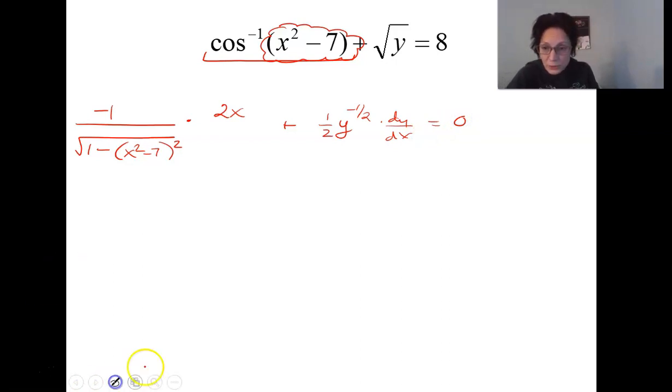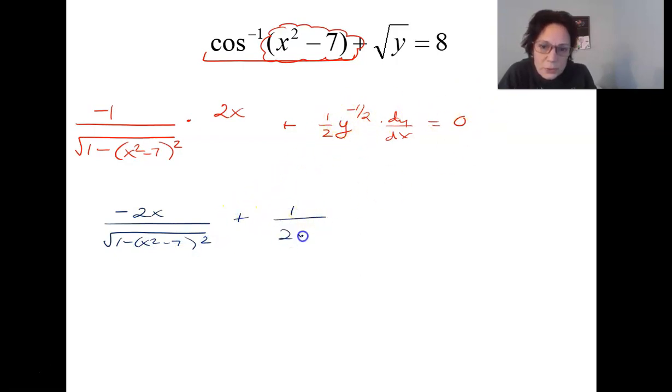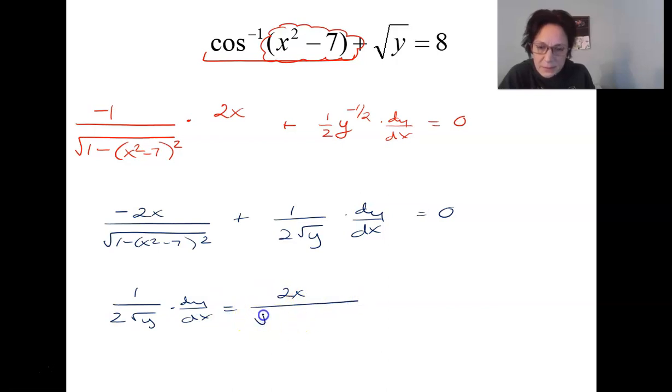So we've got a little bit of algebra to do here. I'm going to put this 2x up top just to try to make that a little bit easier looking. And then here, I'm going to write this as 1 over 2 square roots of y. Well, this isn't going to be too bad algebraically. If we move this to the other side, it just becomes positive on this side.